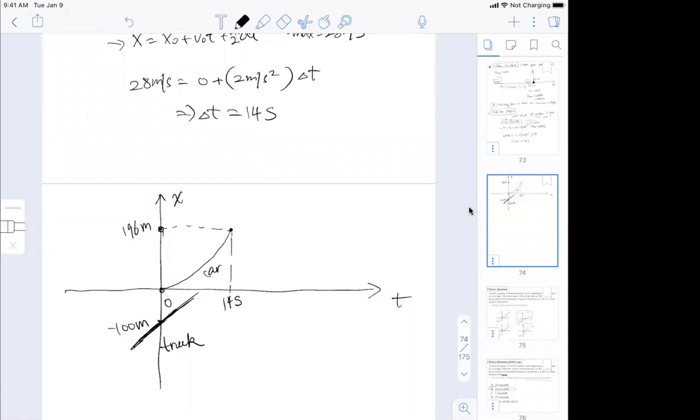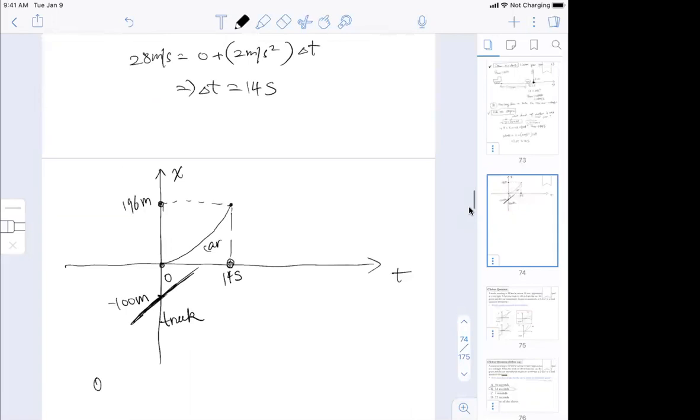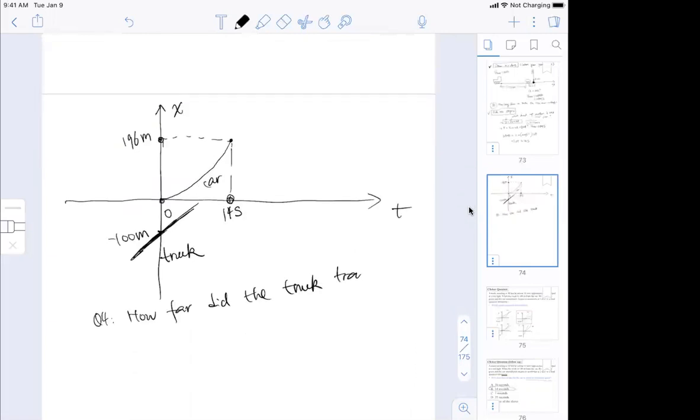I want to see, during the process of 14 seconds, how far did the truck travel? My next question, question 4, is how far did the truck travel during the 14 seconds?